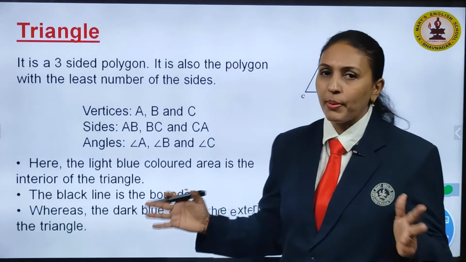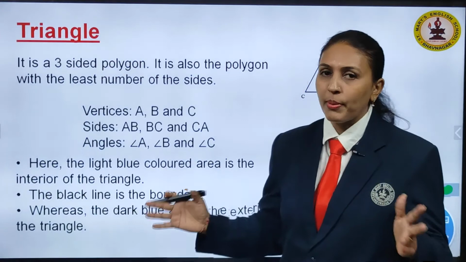Here also this line will join the two ends of the circle, but it will not pass through the center of the circle. So, we call it a chord, not the diameter. But yes, a diameter is a chord, it is the longest chord in a given circle. You cannot call this a diameter, but a diameter can be called a chord.